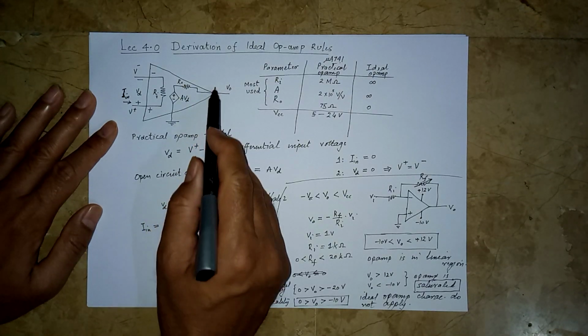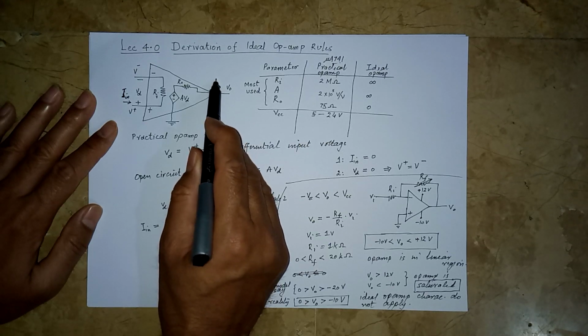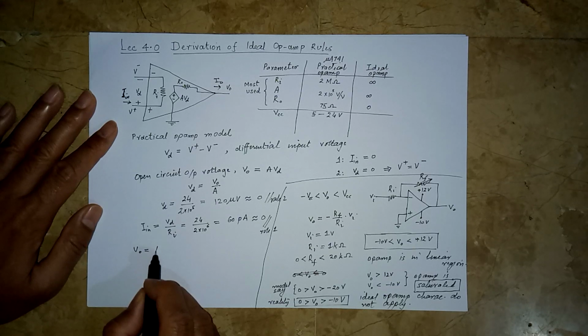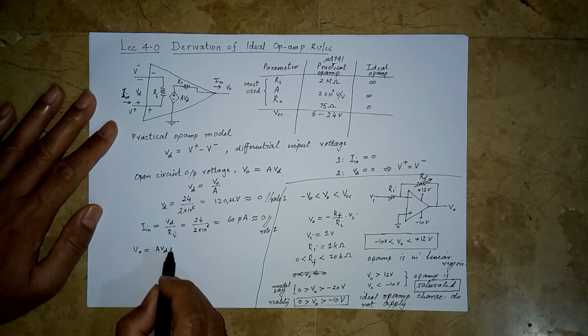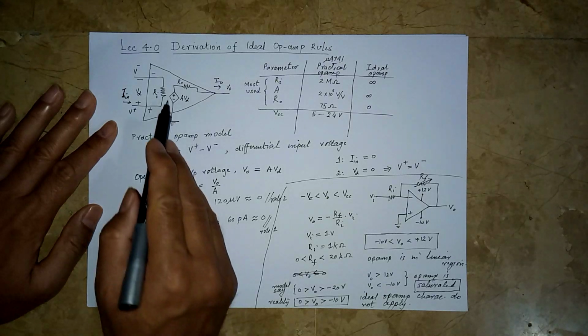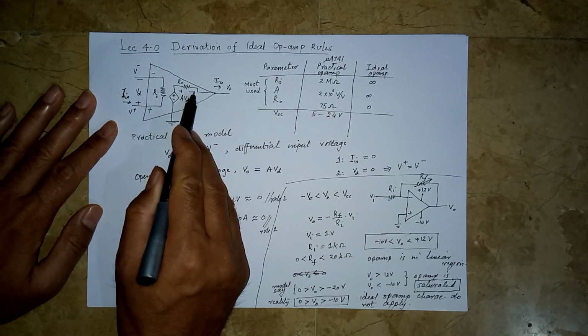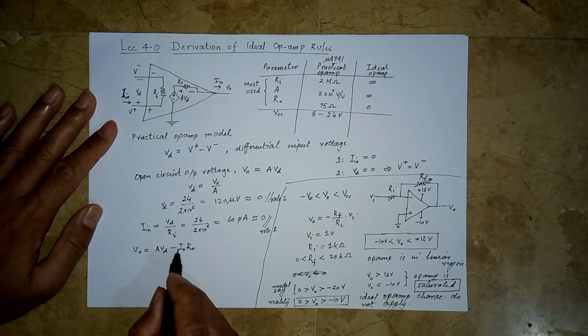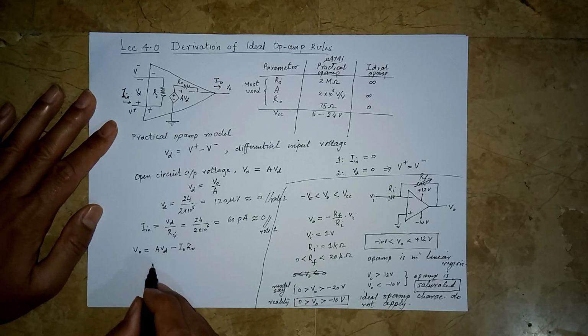If there is some IO flowing, we can see that VO would be equal to A Vd minus IO Ro. So there would be some drop here because of this IO, and this drop is going to reduce the output voltage for varying currents, and we don't want this in our ideal op-amp model. Therefore we consider that Ro is 0.